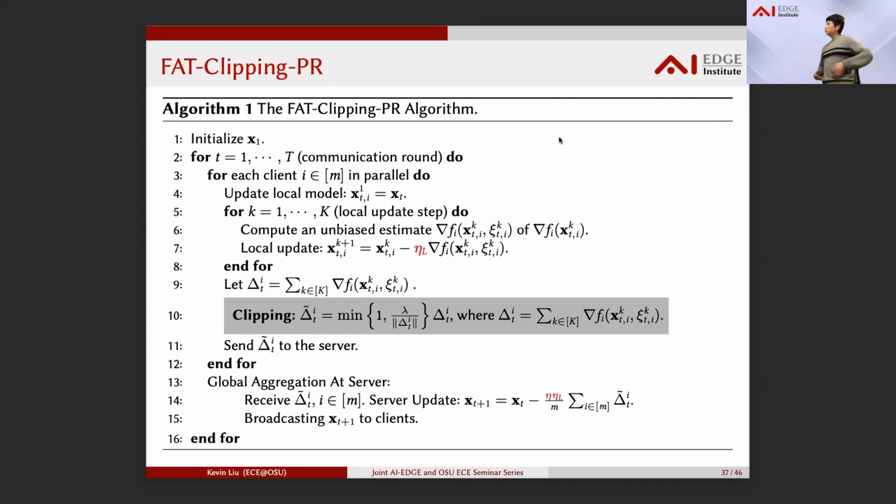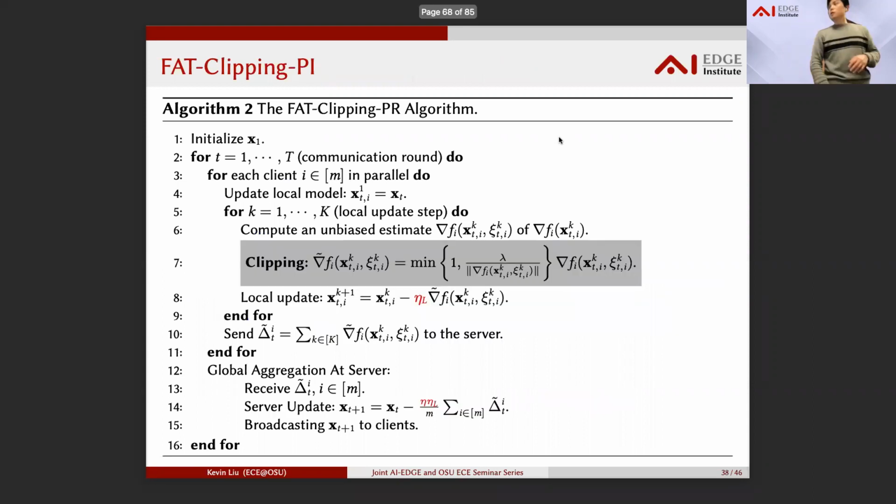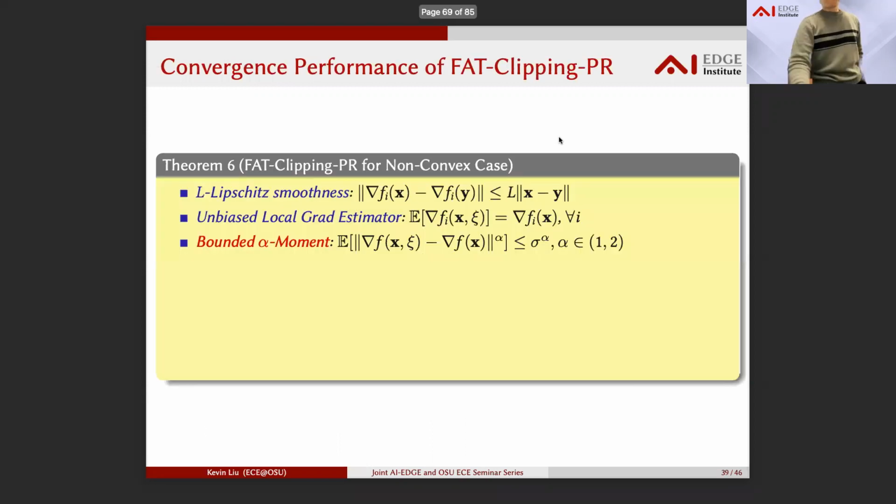You can see here, this is the per-round version, the PR version. The clipping is done after each round, after line 9, before you communicate with the server. Now this is the PI version, the per-iteration version, where clipping happens in every local update. Clearly the PI version is more computationally expensive compared to the PR version because you need to do it in every iteration.